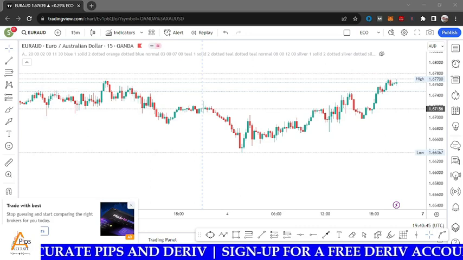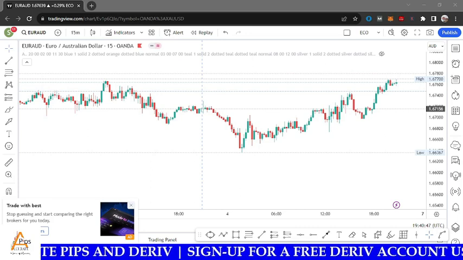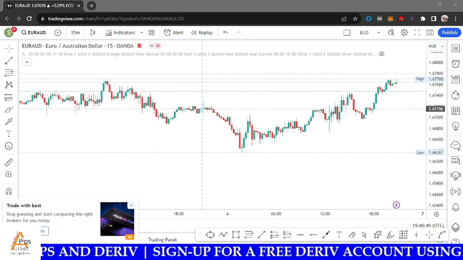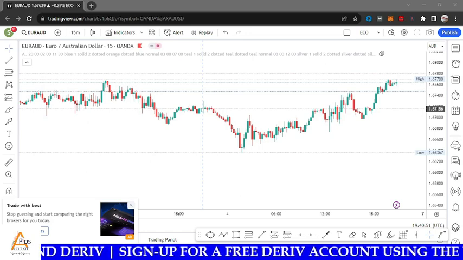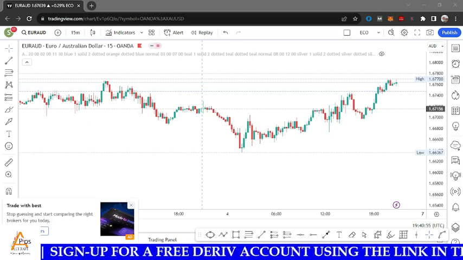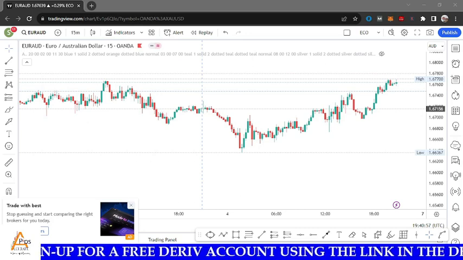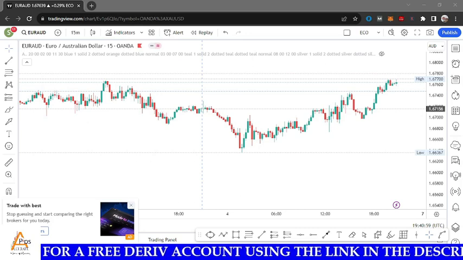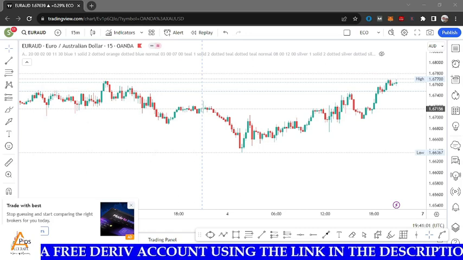Good. When price sweeps previous reversal high or low, which acts as a POI, then we can sell or buy based on our trend on lower time frame.